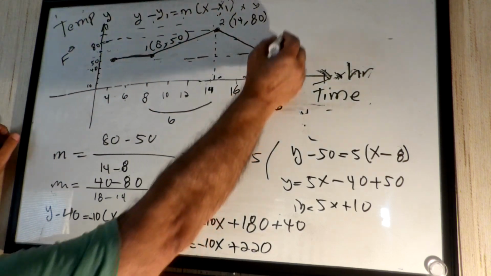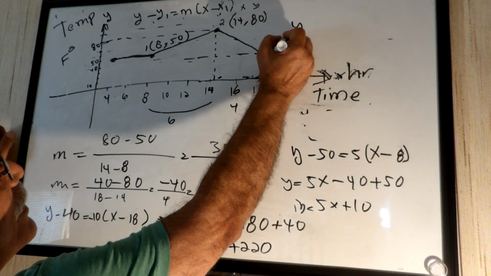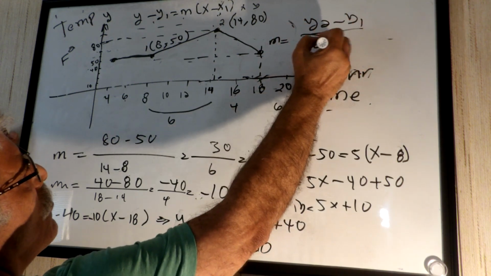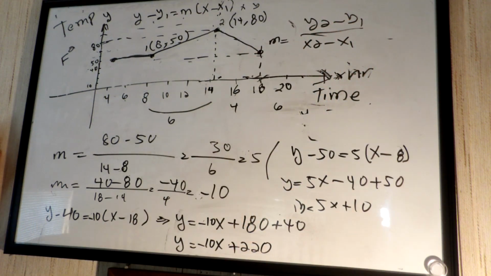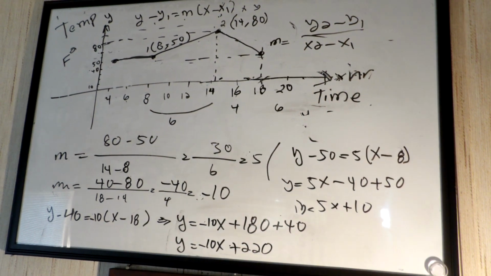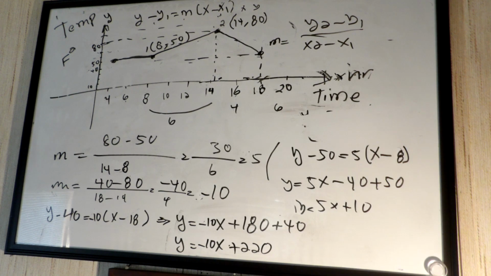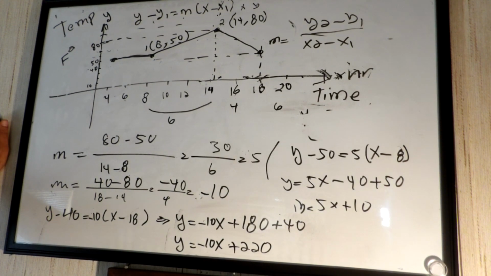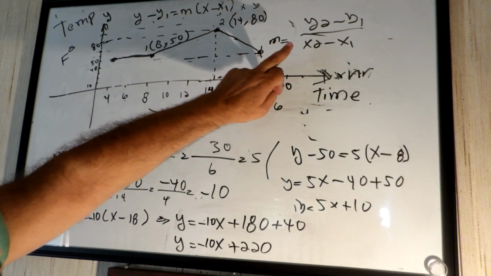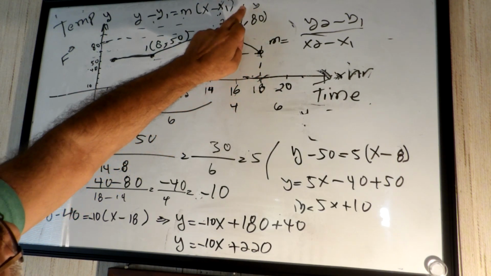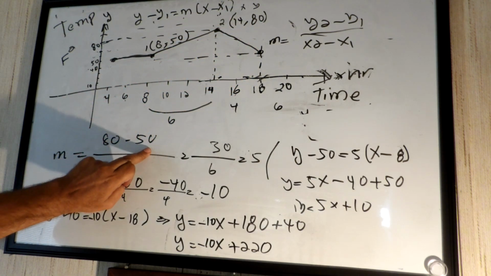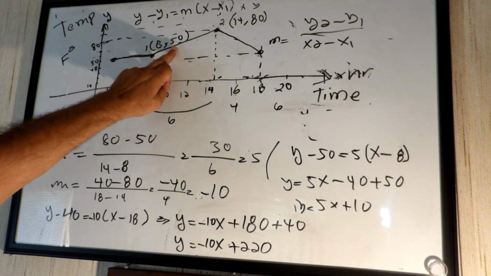m is equal to (y2 minus y1) over (x2 minus x1). This is a very famous formula that you have to use. Now y2 is going to be 80, minus y1, the point 1 y, is 50.